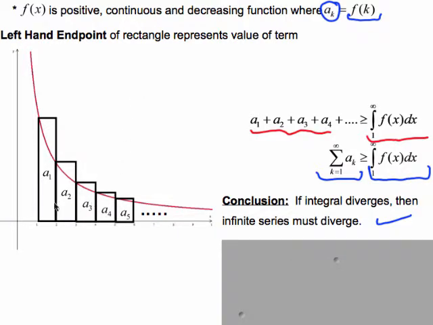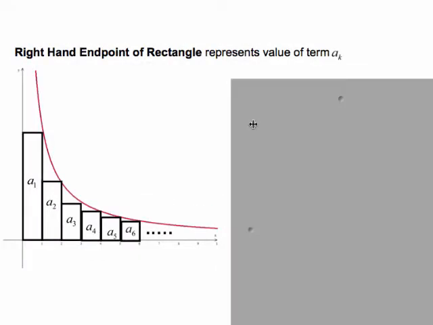Now what I'm going to do is represent my areas using a right endpoint. So I still have my function, f of x, but this time it's the right end of each interval that matches the kth value of the series.